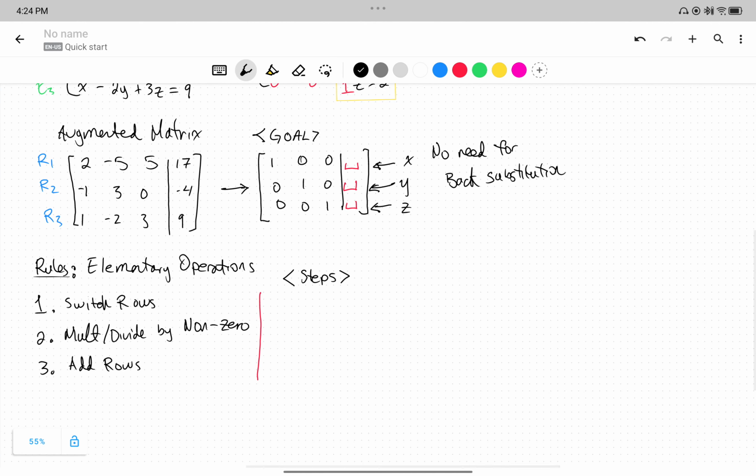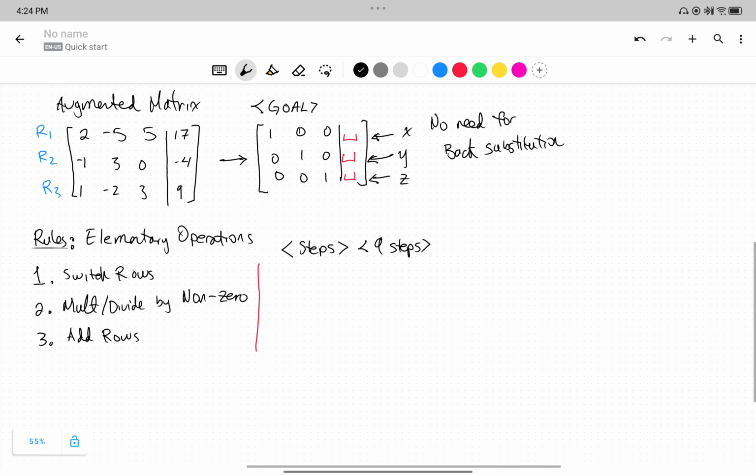For this one, there's going to be a total of, let me see, 9 steps. All right, so let's see what they're going to be.